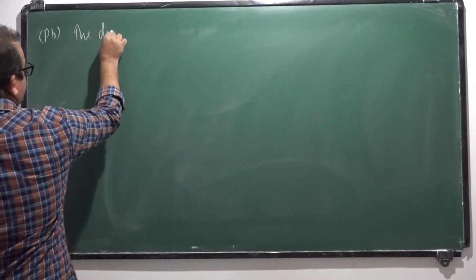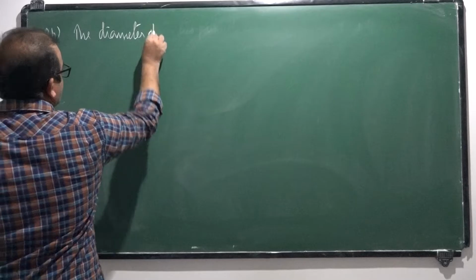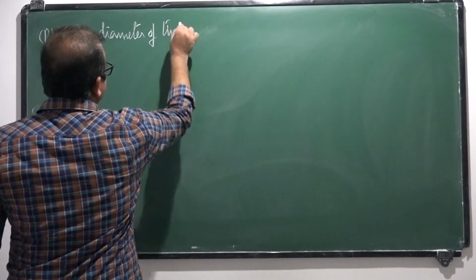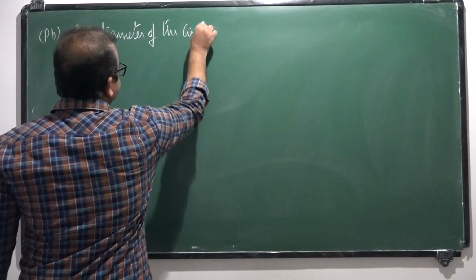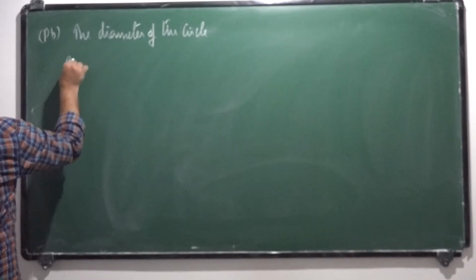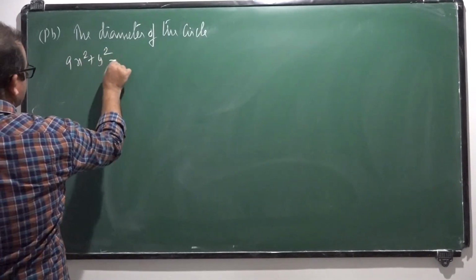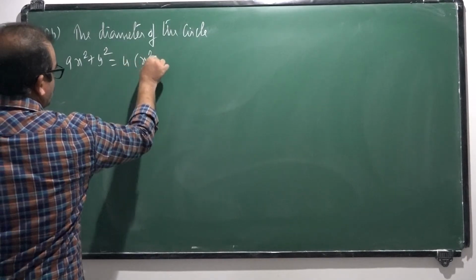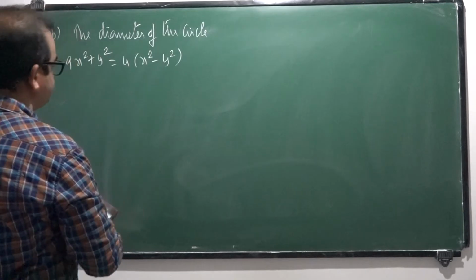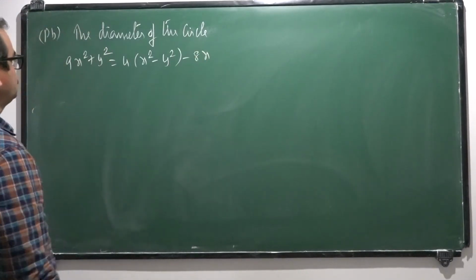The diameter of the circle 9x square plus y square is equal to 4 into x square minus y square minus 8x.